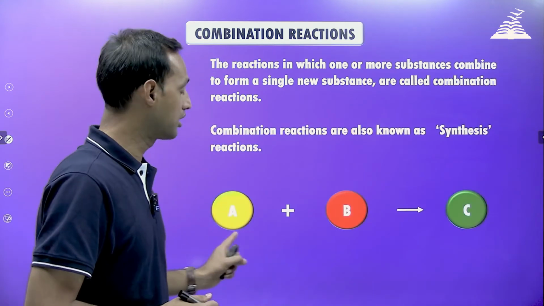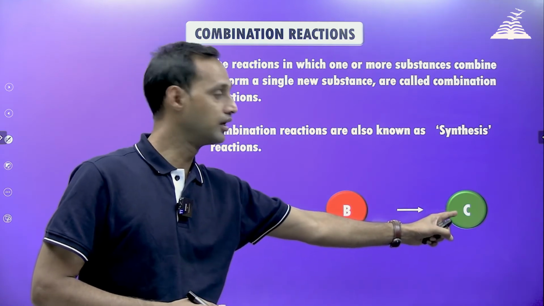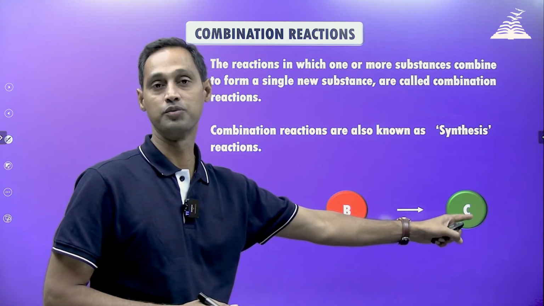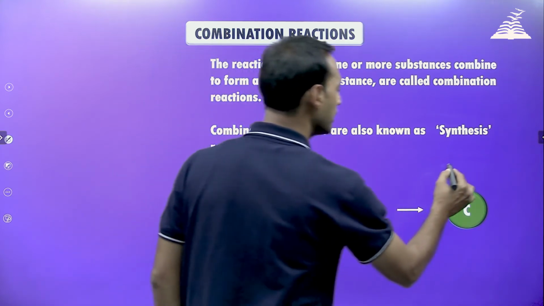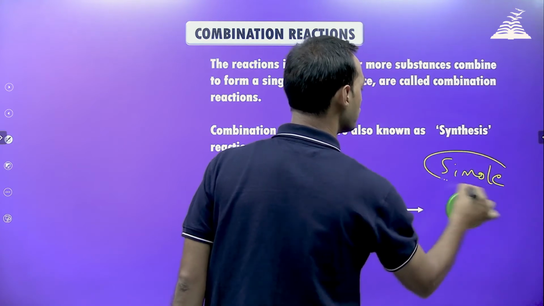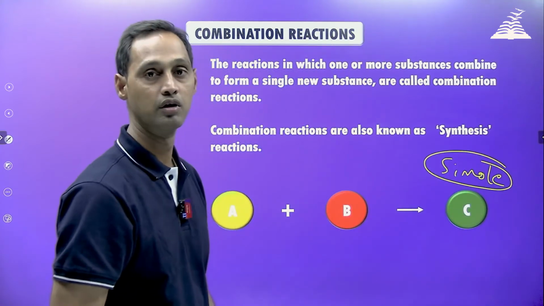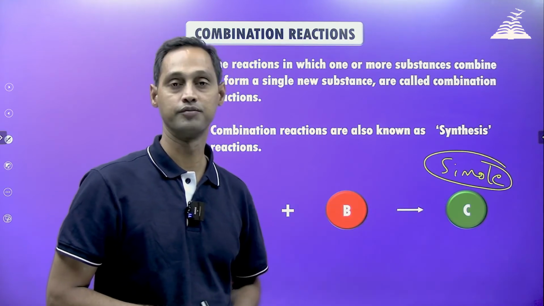See, substance A reacting with substance B to give a single new substance, a single product. Here we get a single product. Very important to remember. In combination reactions, we get a single substance.